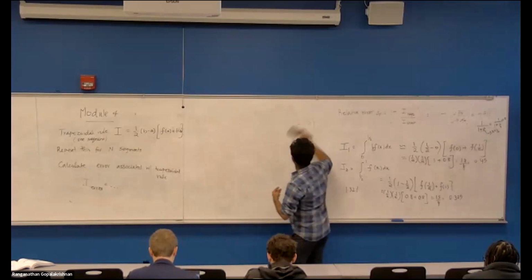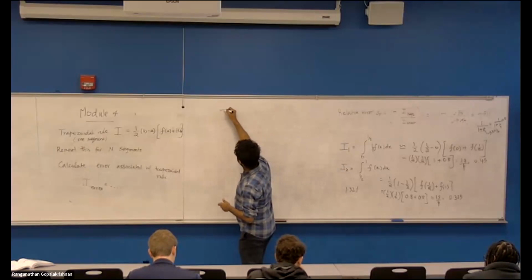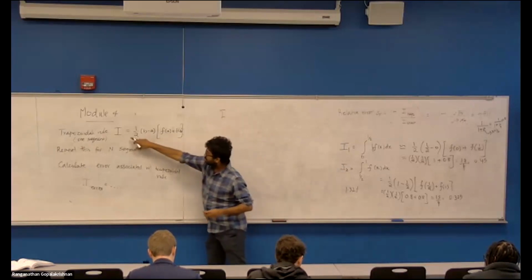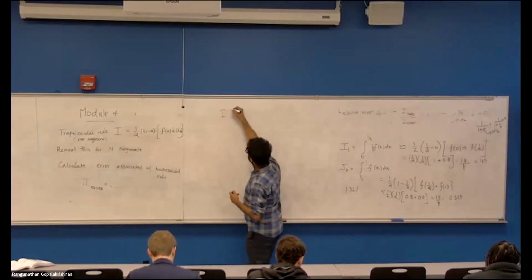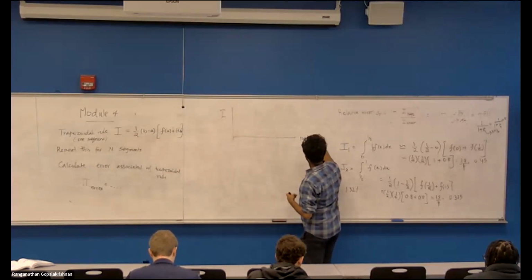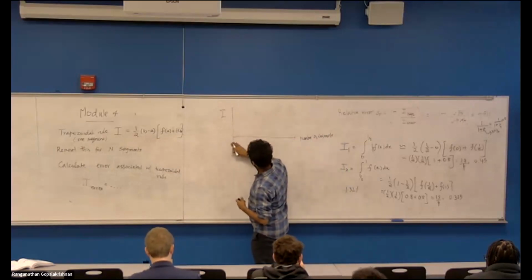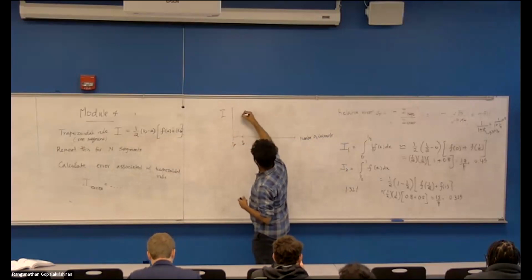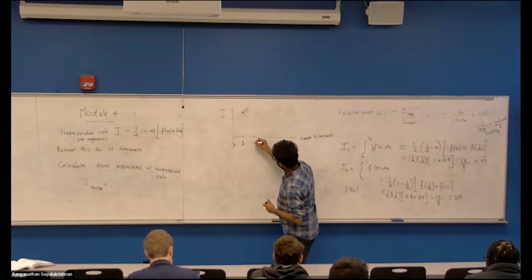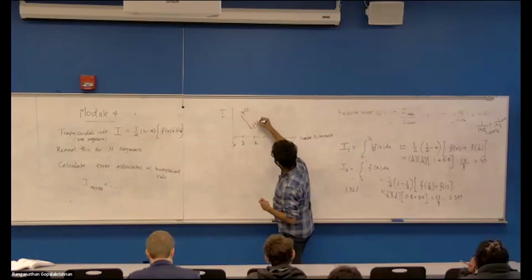So if you think about the I value, the integral value that you compute, versus number of segments, in the examples that we just did, for number of segments equal to 1, the error was 4.5%. For number of segments equal to 2, it quickly dropped to 1.3%.